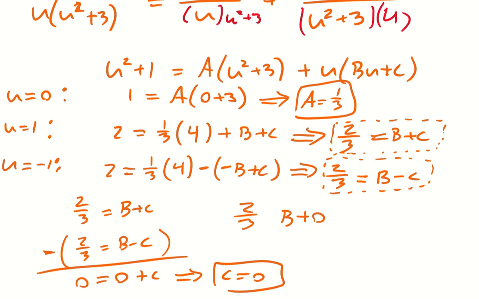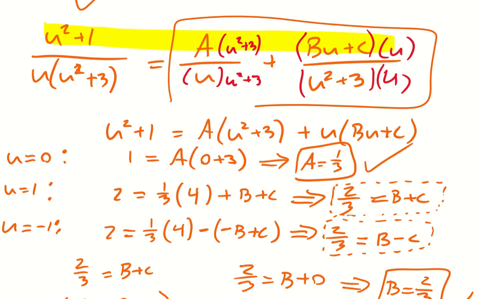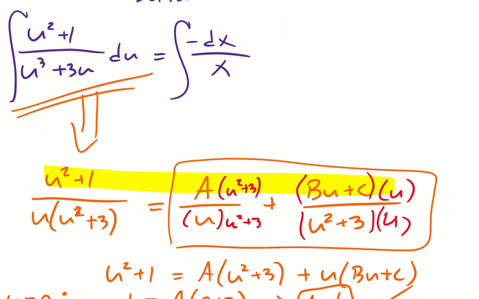It's 2 over 3 is equal to B plus 0, and so B is equal to 2 over 3. So we have our A, our B, and our C. So we can now express our partial fractions. We can rewrite this indefinite integral. So let's do that.